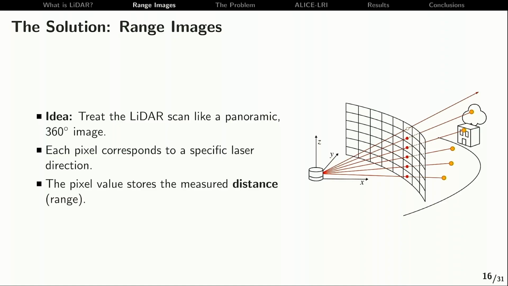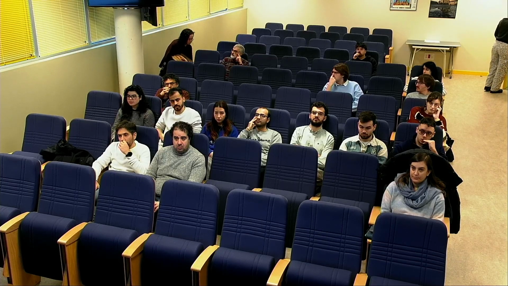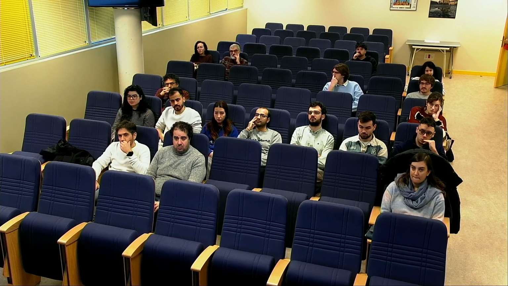And we map each column of the image to one of these 2,000 samples per revolution, right? And on each of these pixels, you store the distance to the corresponding point. So this pixel here would store the distance to this point here. This pixel here would store the distance to this point here, and so on and so forth. So each pixel corresponds to a specific laser direction, and the pixel itself stores the distance to the corresponding point.